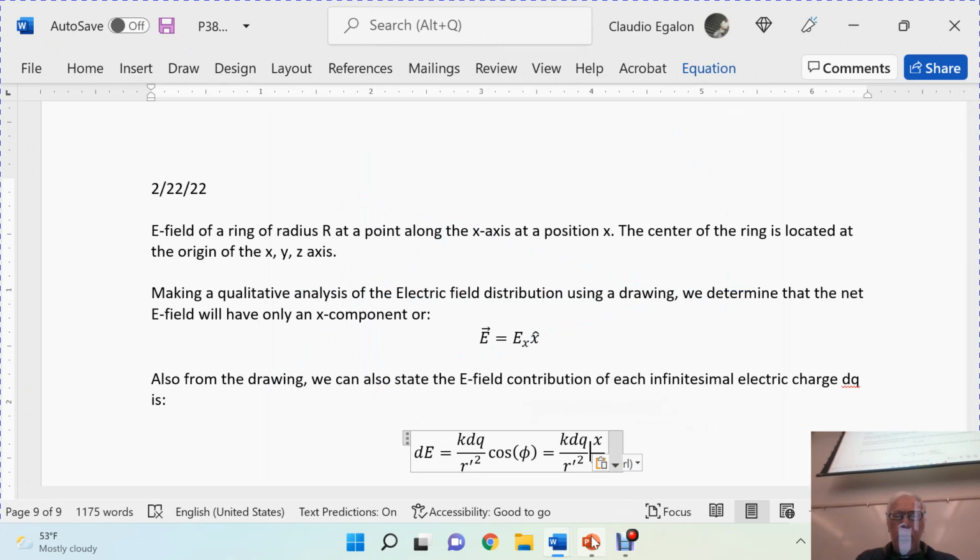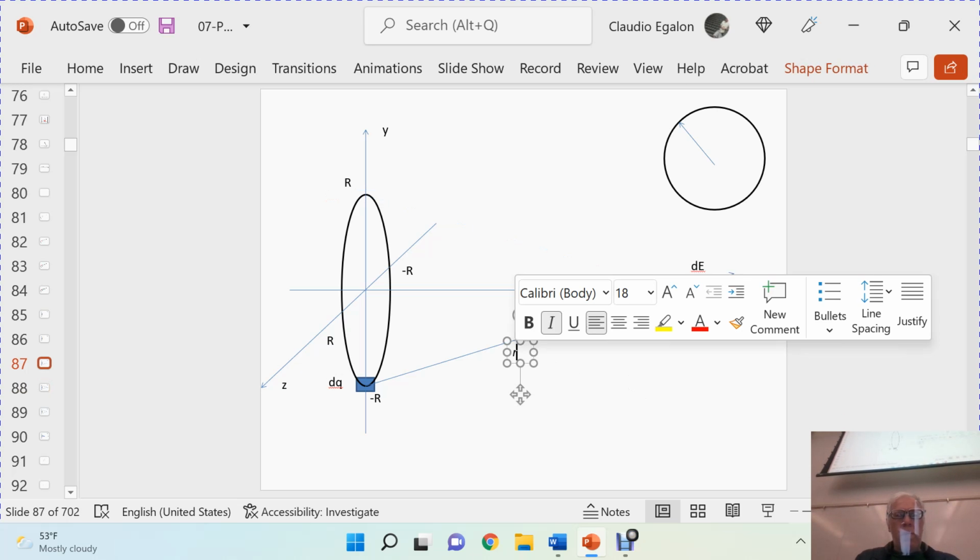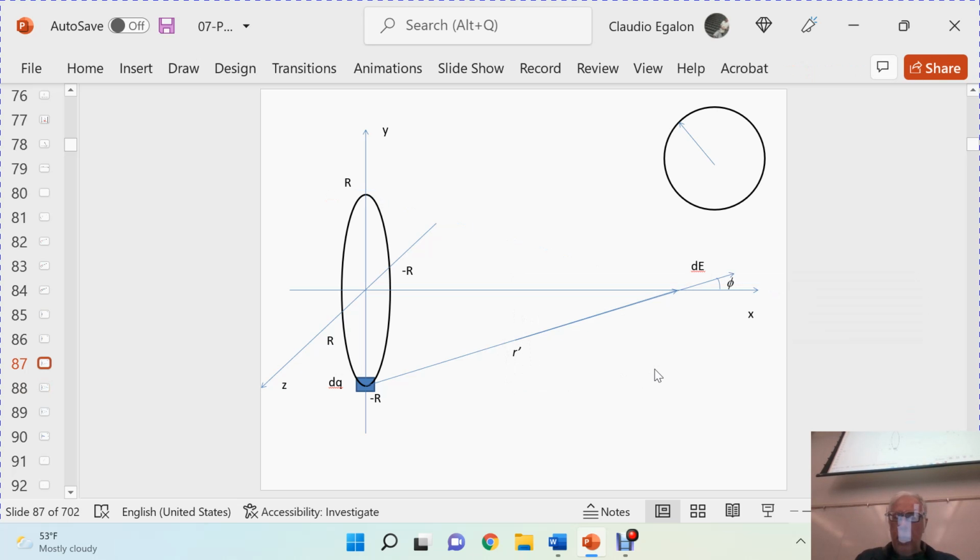Okay, oops. I'll put x divided by r prime here to make it consistent with the notation that we have. R prime.